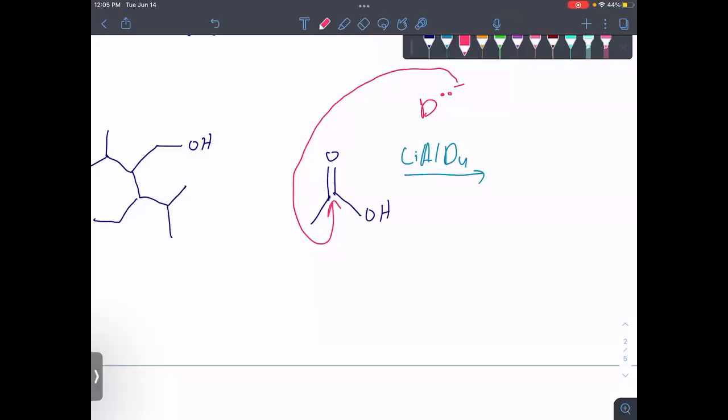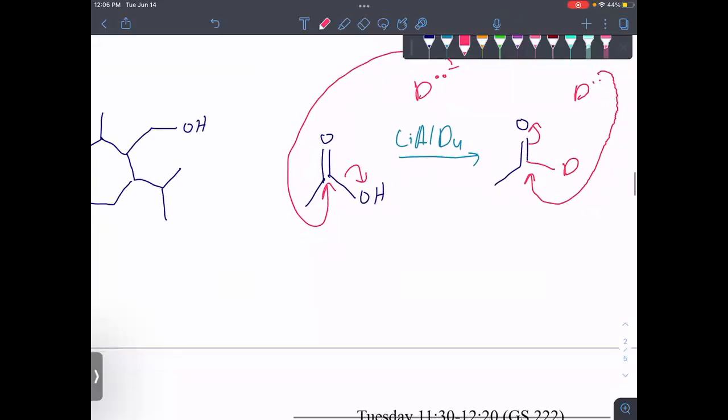In the first step, remember, it turns into an aldehyde. So in the first step, you're just getting rid of the OH. So this becomes an aldehyde, but with a D. And then in the second step, the D minus comes back and gets rid of the carbonyl. So after the second step, the aldehyde turns into an alcohol.